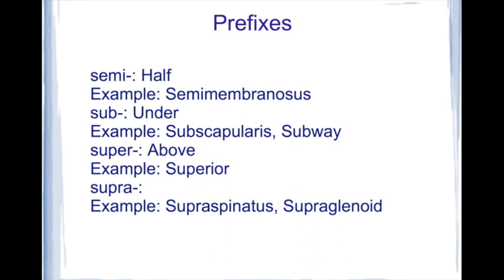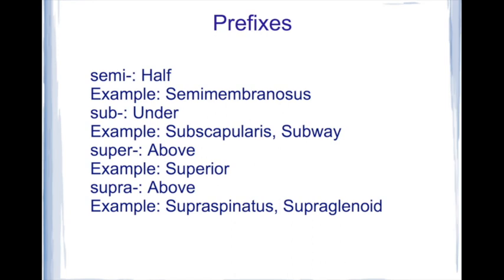So it kind of branches off from superior into supra. You're going to use that when combining terms like supra with spinatus or supraglenoid, above the spine of the scapula or above the glenoid fossa.